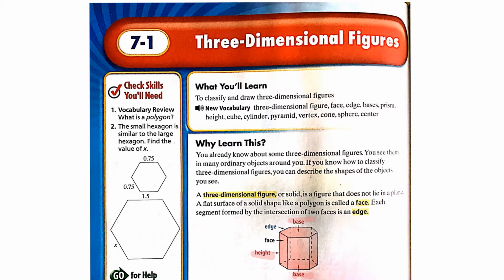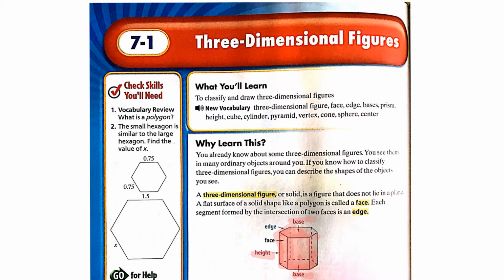A face is each one of the sides. So this face is made up of a rectangle. So there's 1, 2, 3, 4, 5, 6 faces around the outside. The edge is the actual line that connects the two faces.